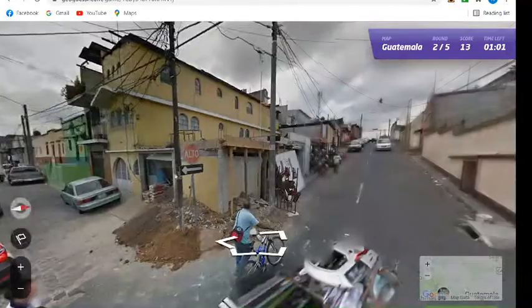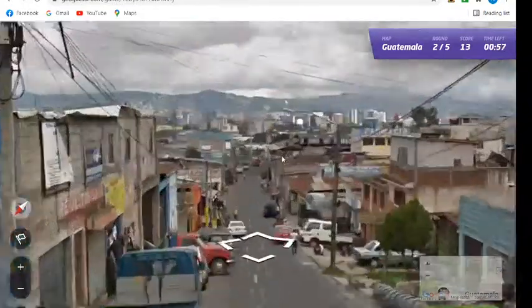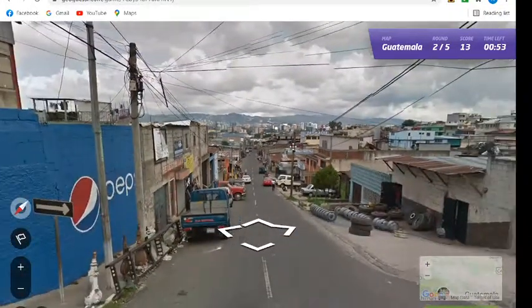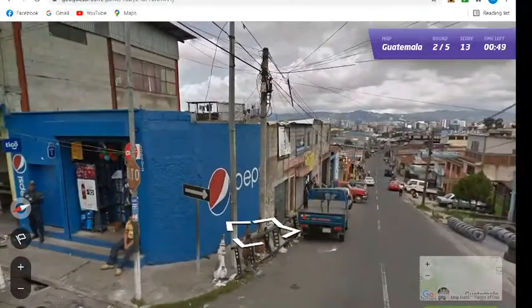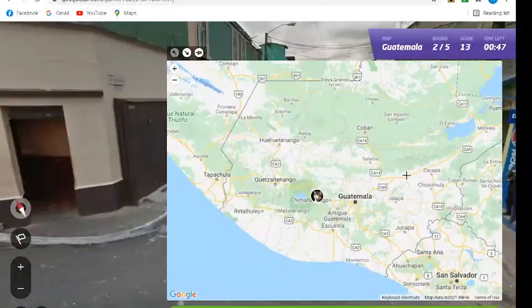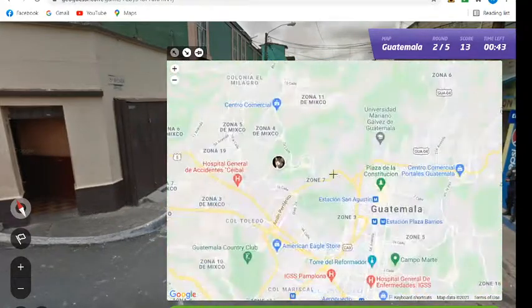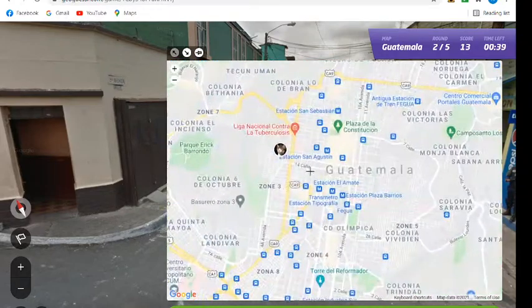Okay. So let's see. If that is the middle of Guatemala City, we would be up here maybe.